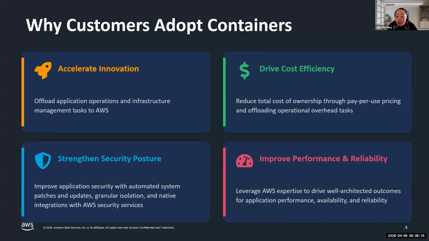Building on containers actually standardizes that, because containers are making sure we check on automatic system patch updates and regulate workload isolation, so it provides you native security services through the AWS ecosystem. That's also very appealing for a lot of customers who want to offload that security piece by working with AWS.